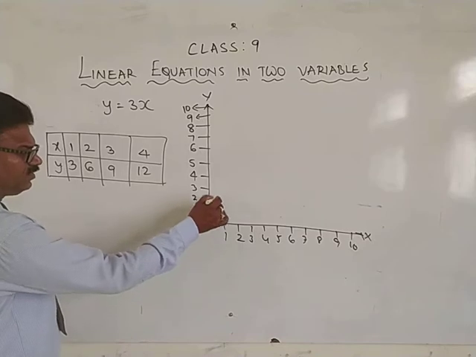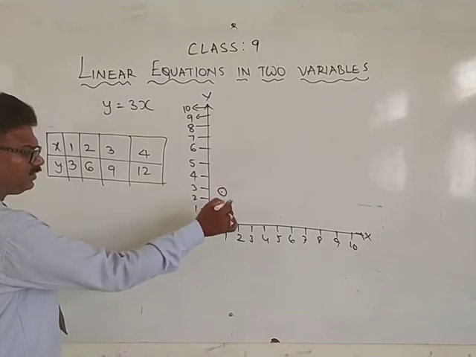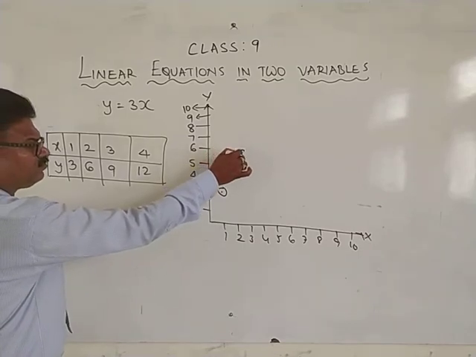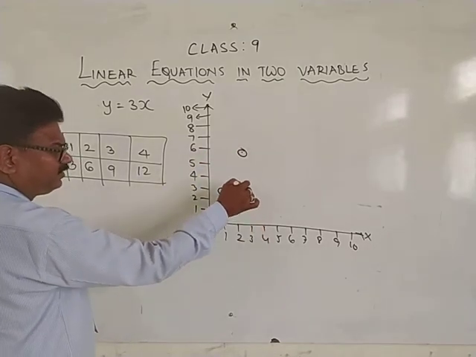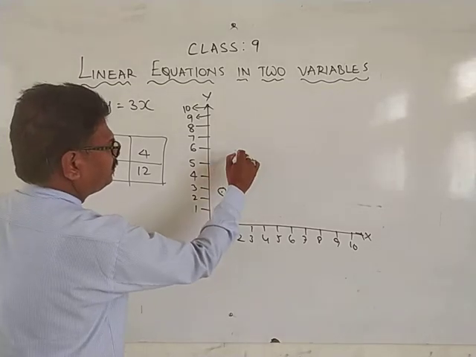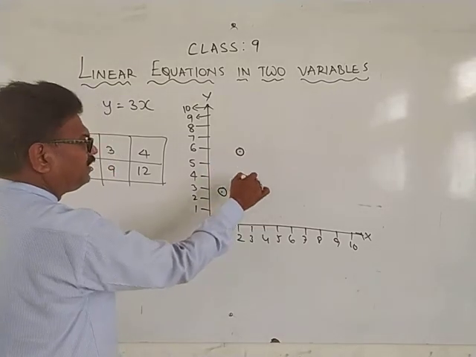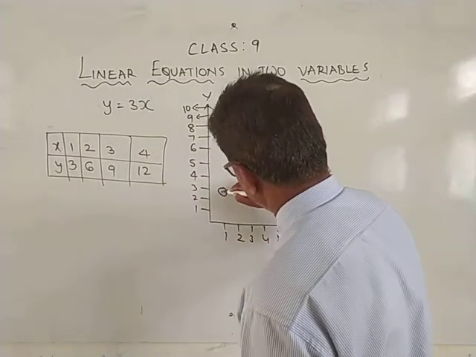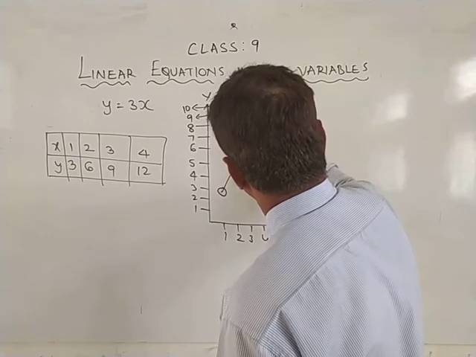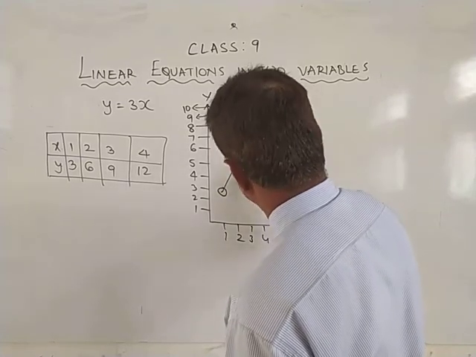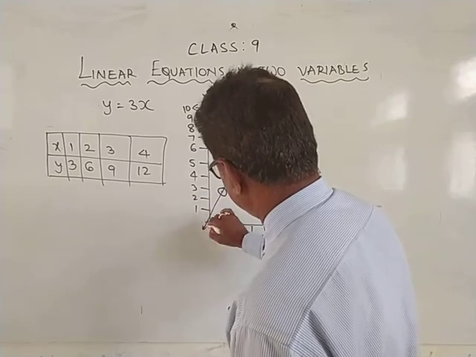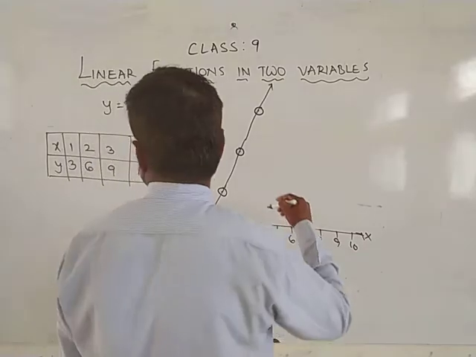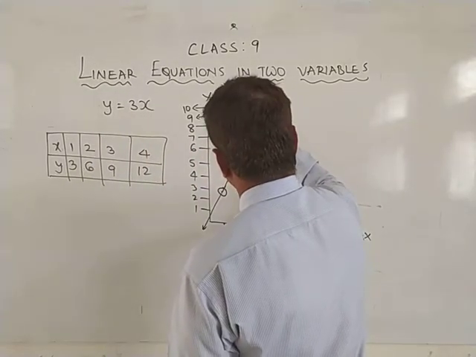X is 1, y equal to 3. 2 and 6. 3 and 9. So what is this equation? Y equal to 3x.